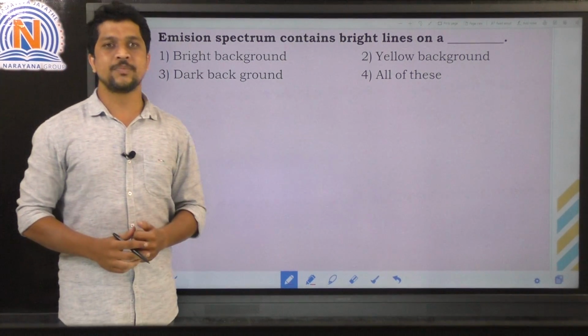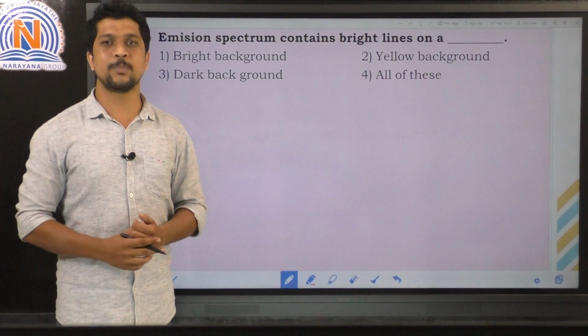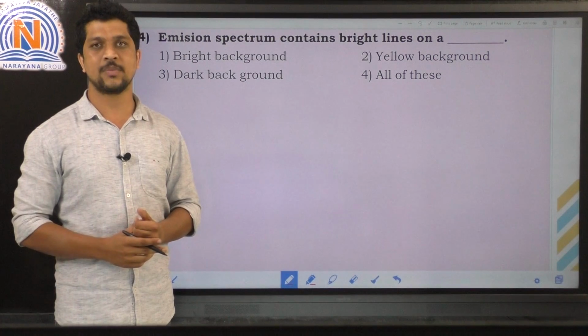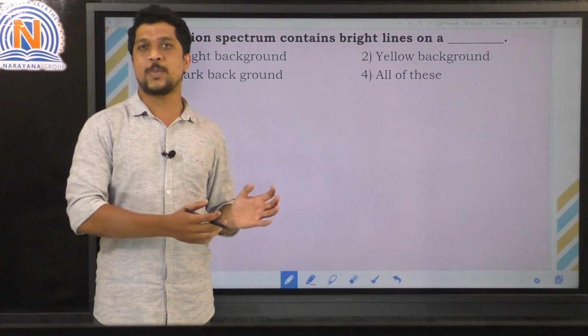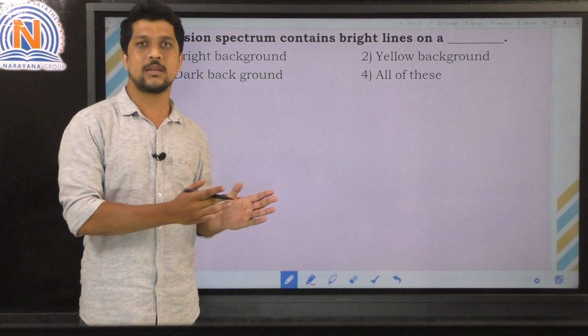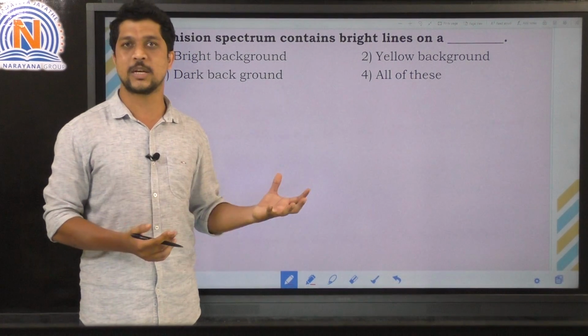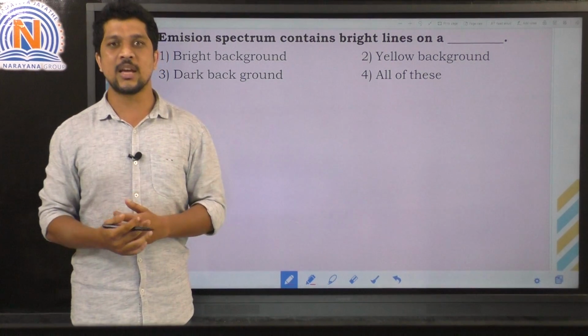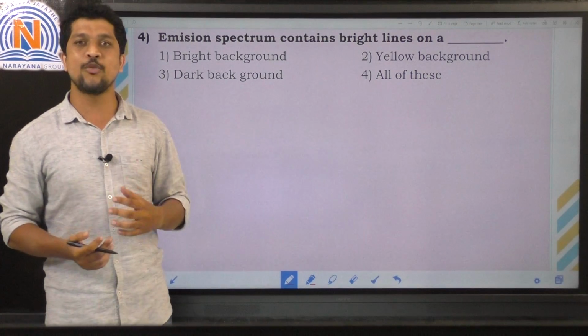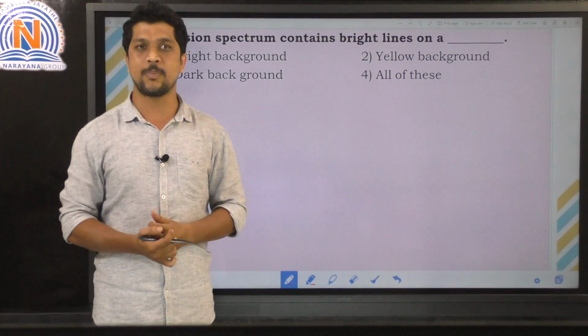Here the fourth question: emission spectrum contains bright lines on a dash. Just now we discussed that based on the background, the spectrum changes from one spectrum to another. Absorption spectrum gives dark lines on a bright background. In the same way, emission spectrum will give bright lines on a dark background.